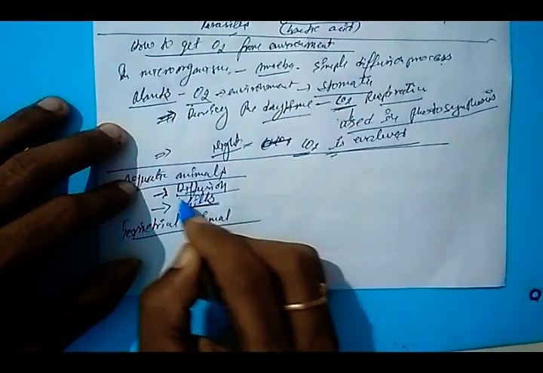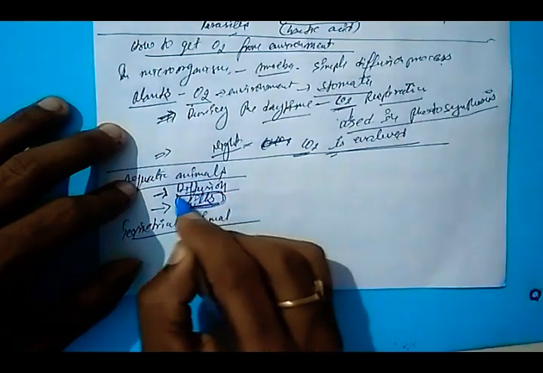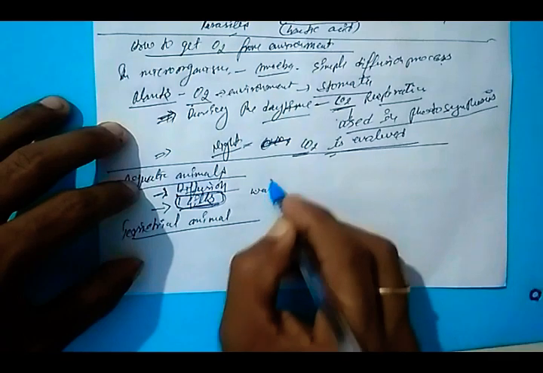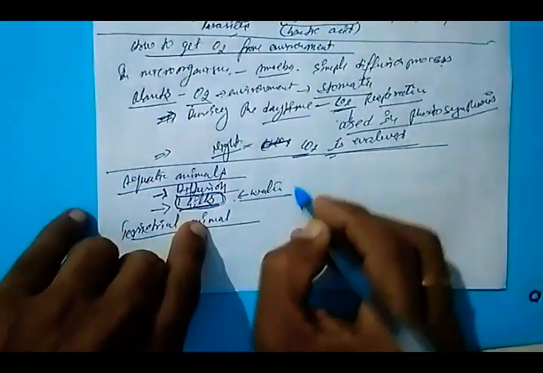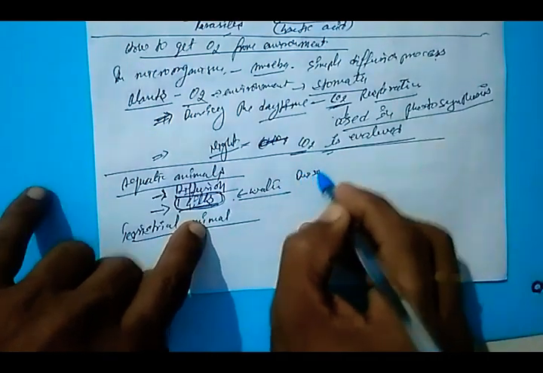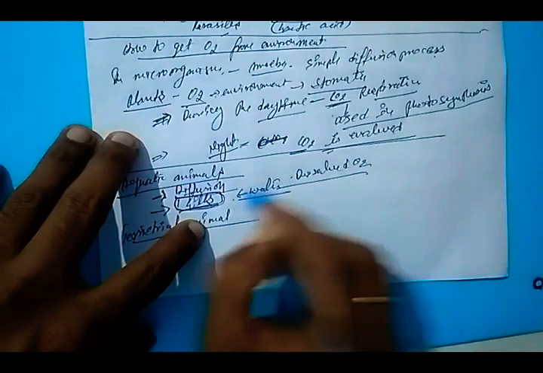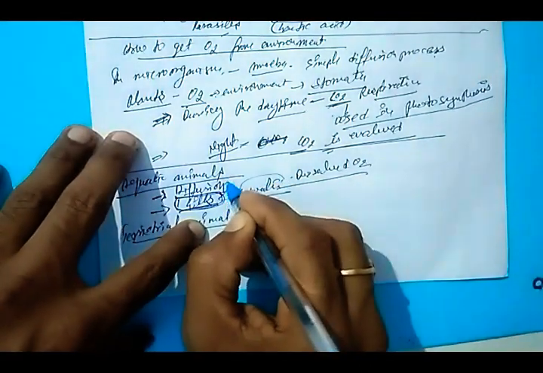Gills take part in the process of diffusion. They continuously come in contact with water and absorb dissolved oxygen from the water by the process of diffusion.